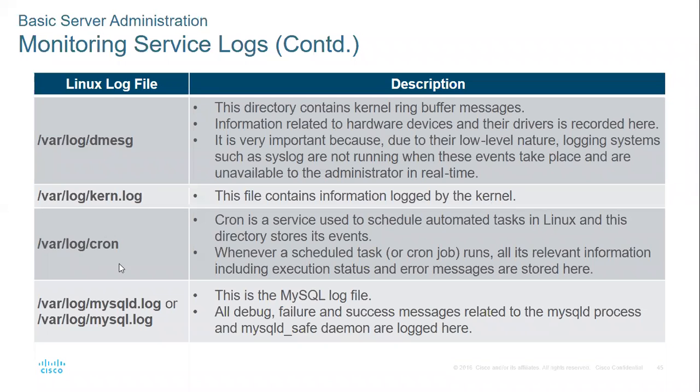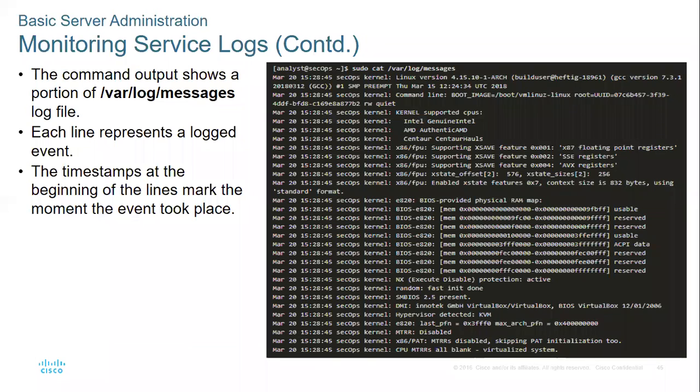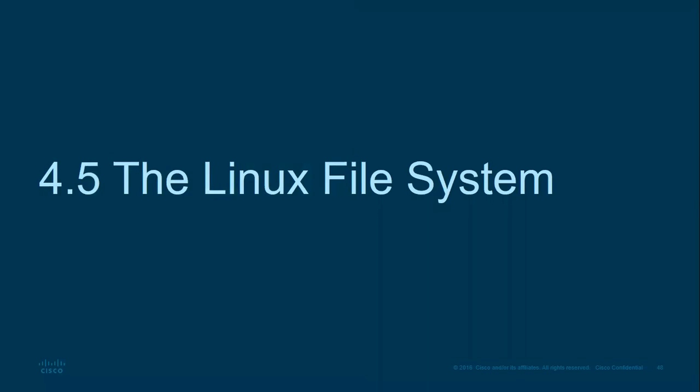And then the cron, this contains information related to the tasks that have been automated. And then you can see we have MySQL.log and MySQL. This is where we store MySQL related information. All right, so that's how it is.